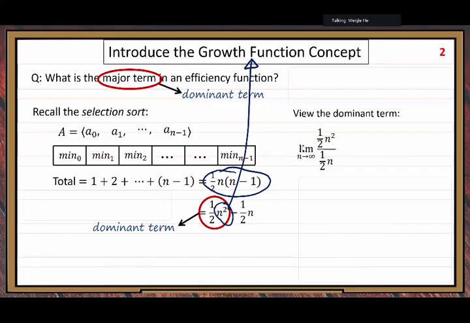In calculus, we know how to calculate this limit, because this calculation will tell us some important information. So let's do simplification before we do the calculation.